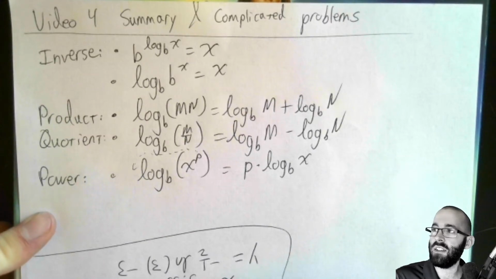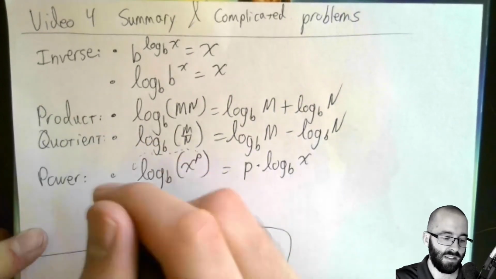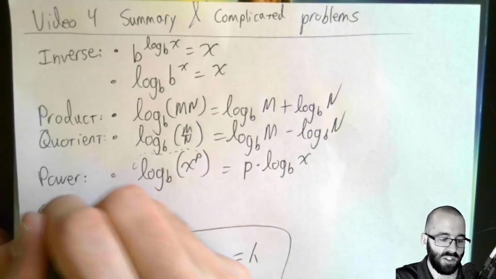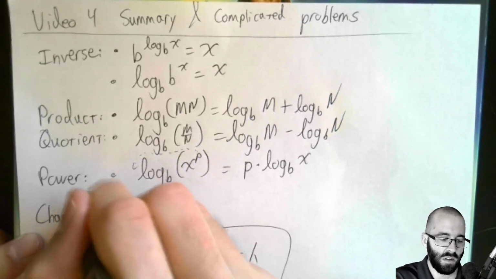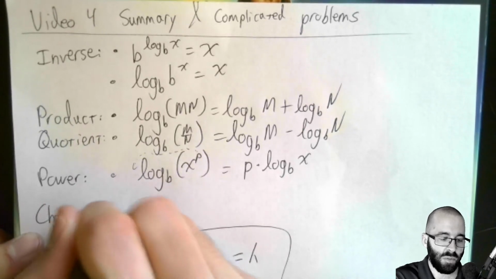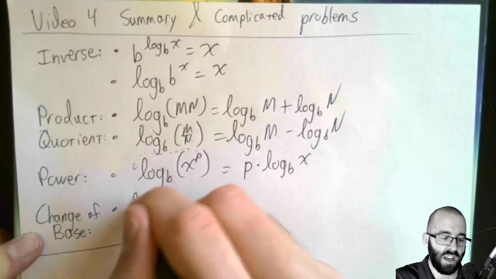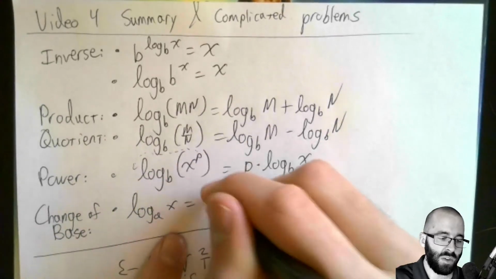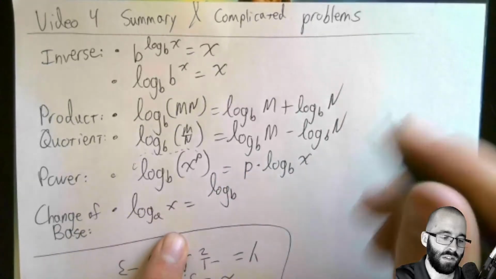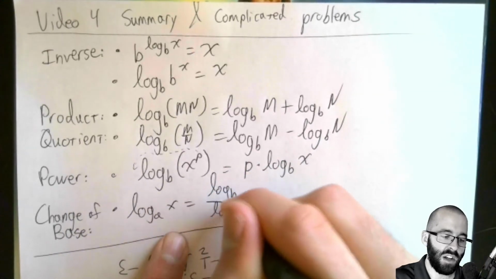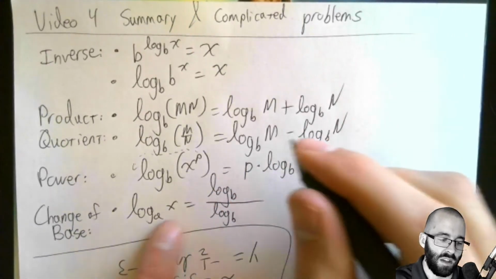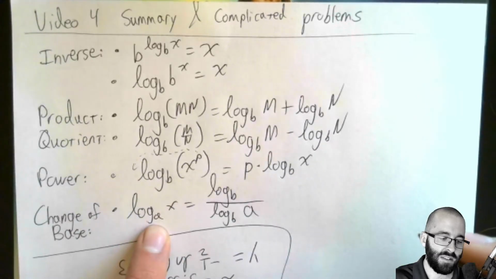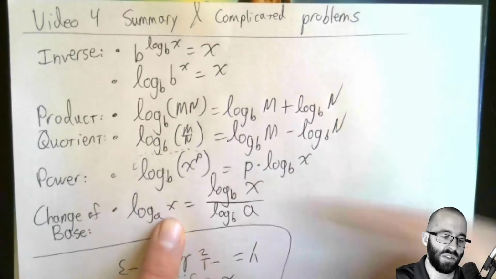And last but certainly not least, the thing that makes everything work, the change of base formula. It says that if I have some logarithm, log base a of x, I can change that to any logarithm I want. Log base b of x over log base b of a. The a is on the bottom, and the x is on the top.